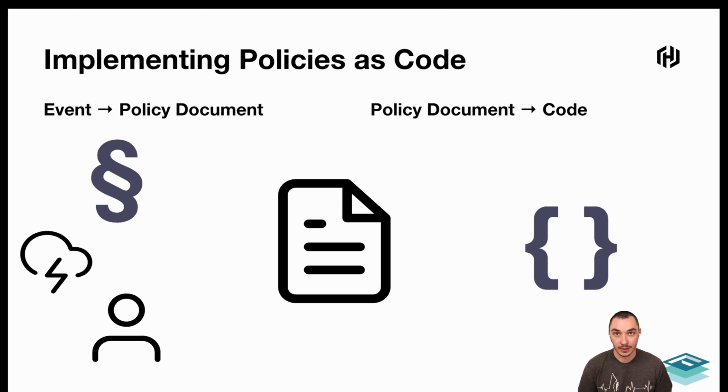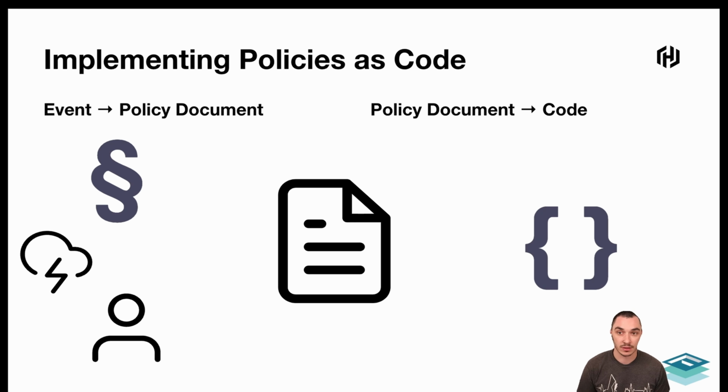Now, generally speaking, if we implement policy as code, we usually have some kind of event, a change in legislation, or maybe a natural catastrophe, some social events, occurrences, stuff like that. Some event that results in the need for a policy change or in the need to create a new policy.